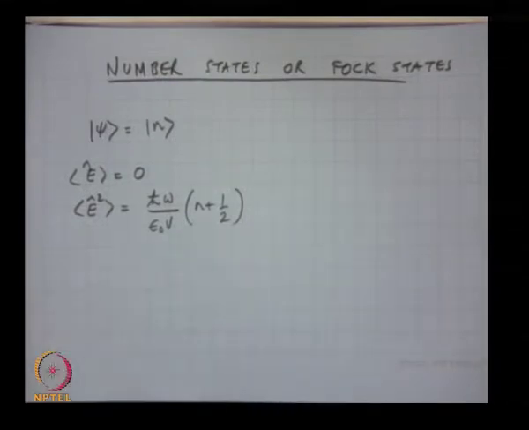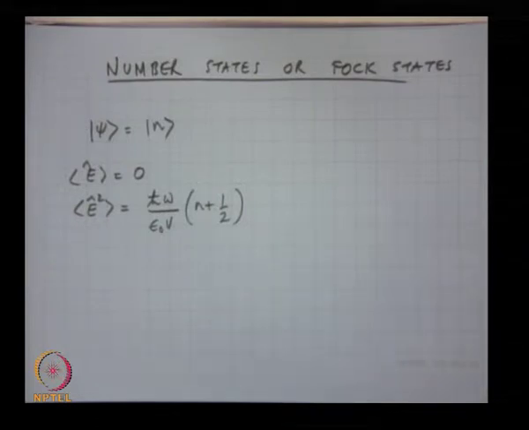We use the operators for the electric field and calculate essentially <psi|E|psi> and <psi|E square|psi>. So for this state, the expectation value of E is 0, and the expectation value of E square is h cross omega by epsilon 0 v into (n plus half).